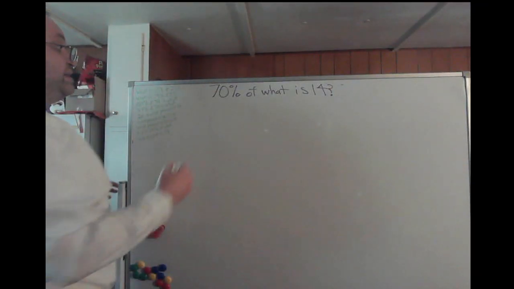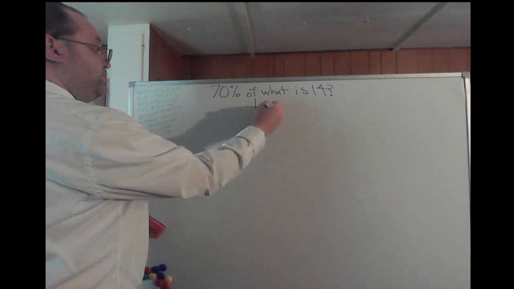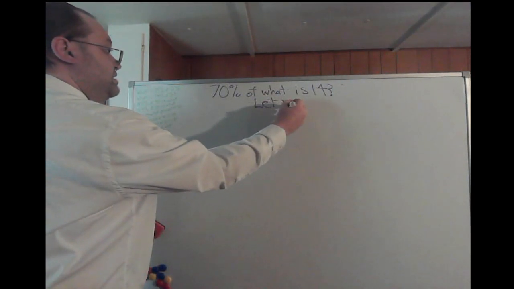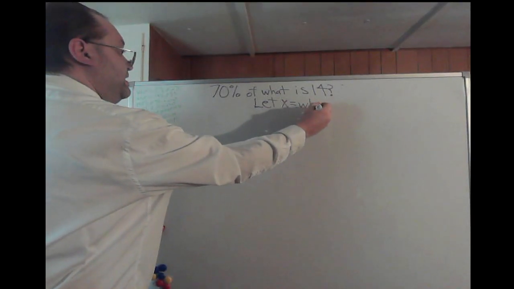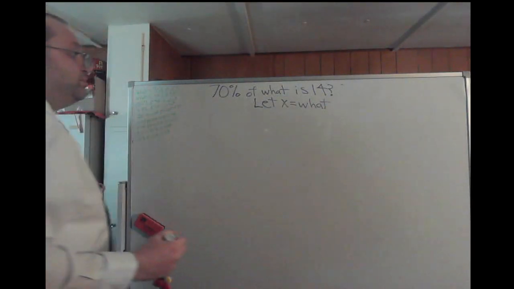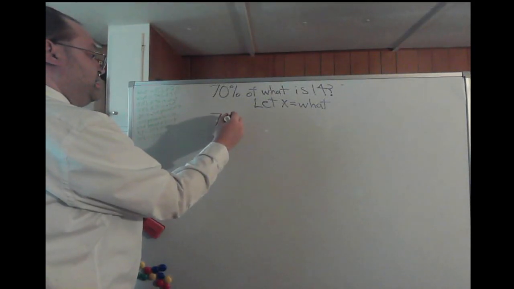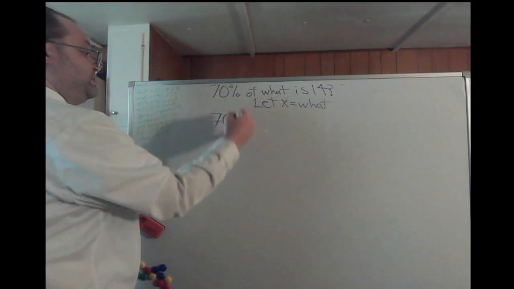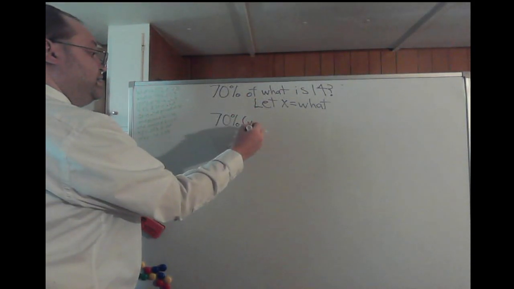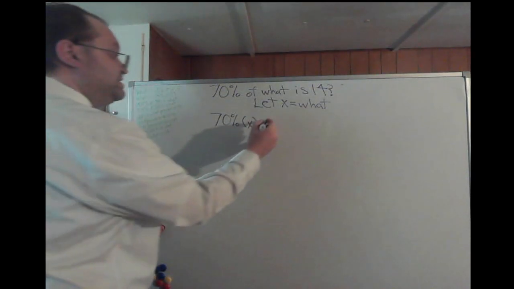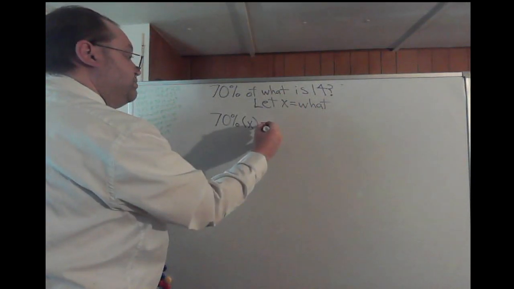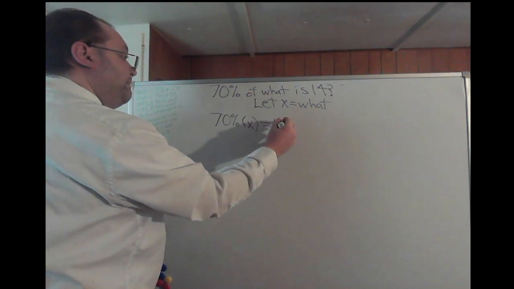Alright, so 70%, of course, we'll let x equal that what, because that's an unknown quantity. We need to insert a variable in for that. So 70% of means multiplication. Of what? So 70% times x is, which is equal, 14.